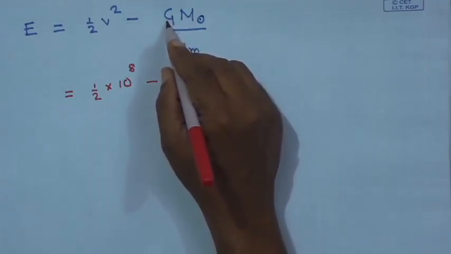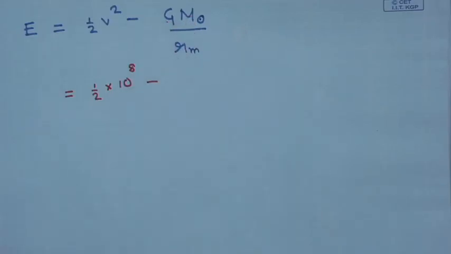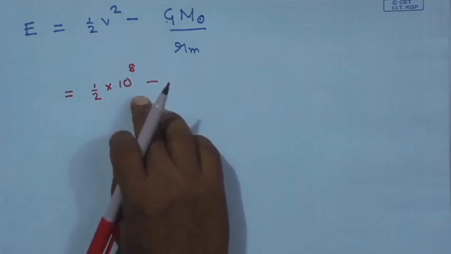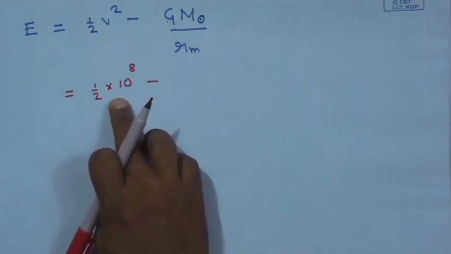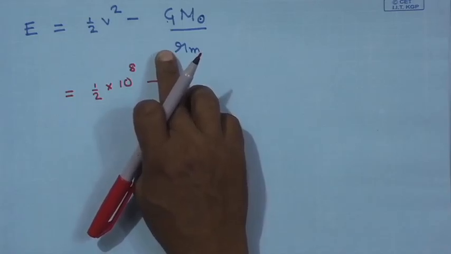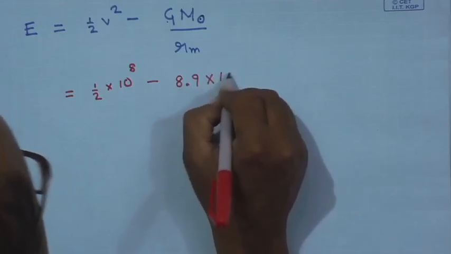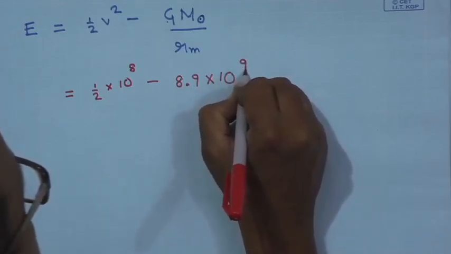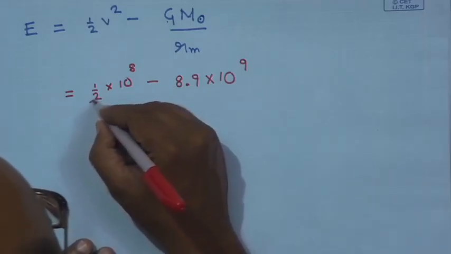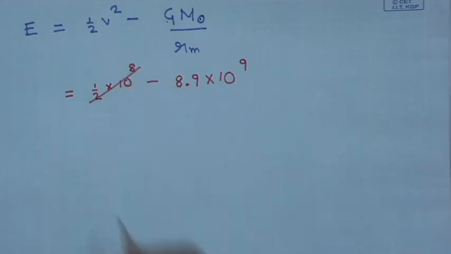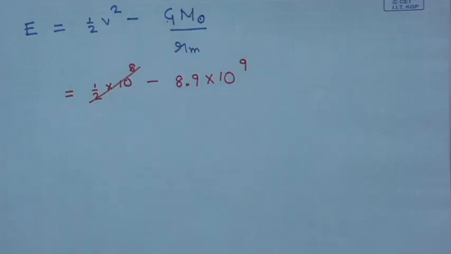This factor G times the mass of the sun divided by the minimum distance turns out to be much larger than this, which is 10 to the power 7, and this factor turns out to be 8.9 into 10 to the power 9. The entire thing is in SI units, so it is joules per kg. I will not write the units anywhere. So, I can essentially ignore this term. So, the energy is minus G M by r, and it is 8.9 into 10 to the power 9.